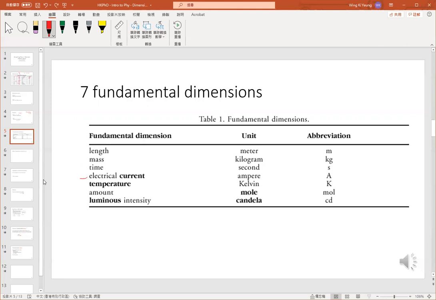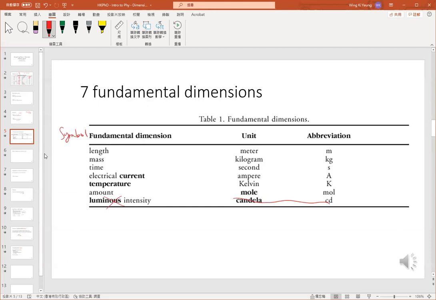The unit of acceleration is meter per second squared, so the dimension of acceleration is just length over time squared. Next, we use symbols for the dimensions, like light intensity, but you are not going to use it very often in physics.